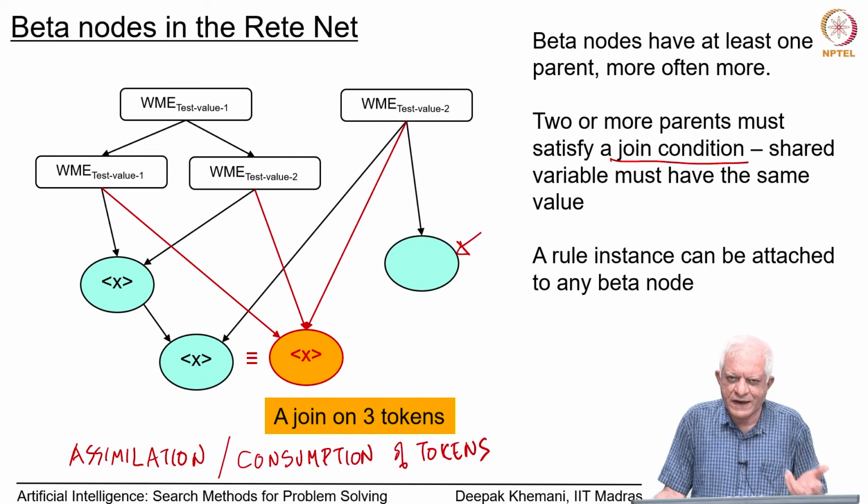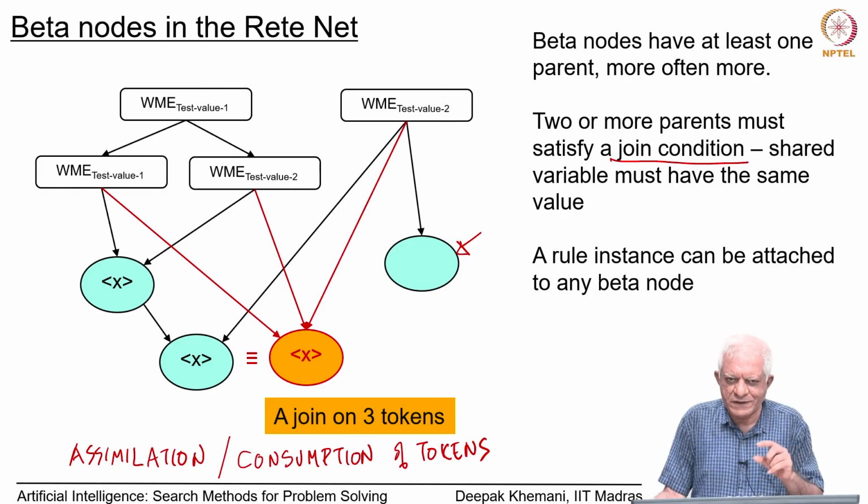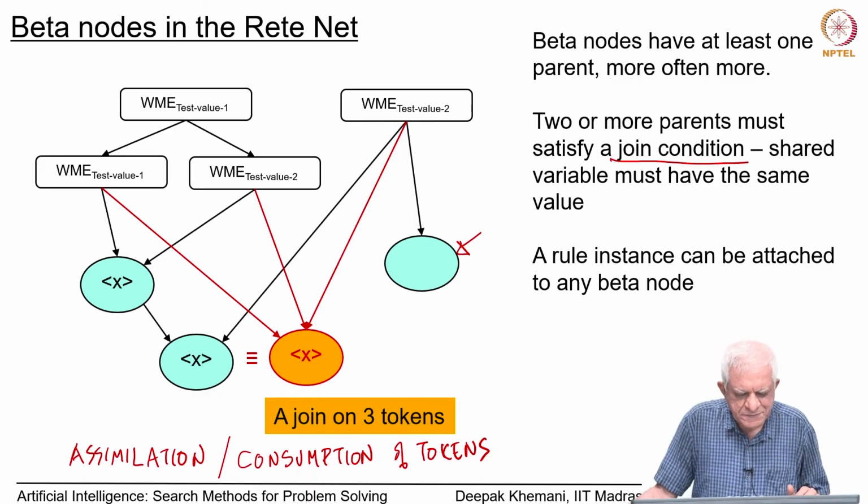Either the first 2 of them can come together and then join the third token, or all 3 can come together at the same time, as shown in the new diagram. The key thing is that the variables in those arcs, these variables associated with the paths in the network, must have the same value in the tokens which are coming in. Then we say that they have joined.